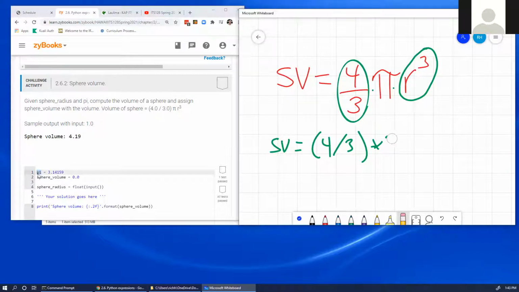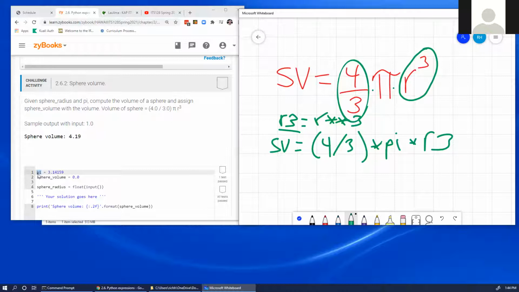So let me, pi times whatever this is. And so I think we should have an intermediate expression here, and it can be R3 equals R asterisk asterisk 3. So the variable is R3, and so we can do R3 here.